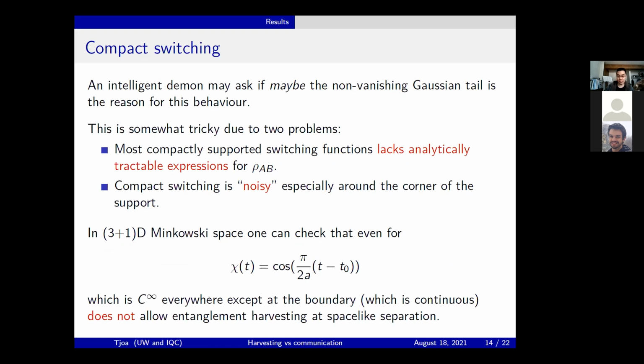You can check that for all the standard parameter space that people use, you cannot even do entanglement harvesting at space-like separation, and in fact you cannot even harvest entanglement at null or time-like separation. So you essentially just get 0 for everything, which means that this is practically useless for doing exactly what we have been doing for the past few slides.